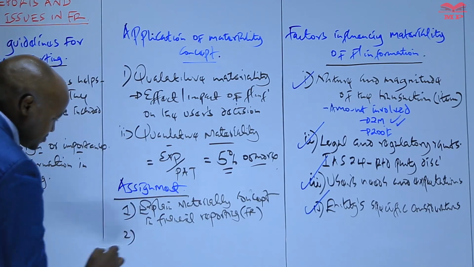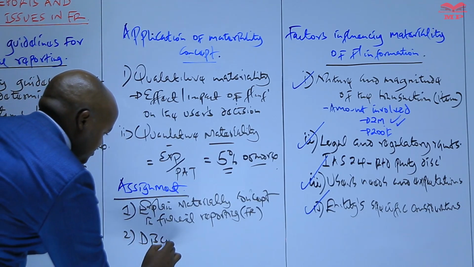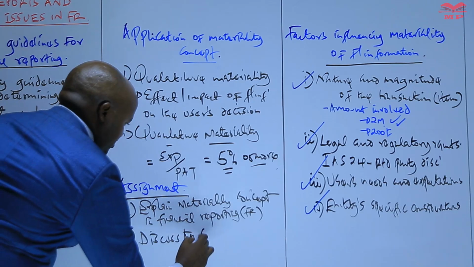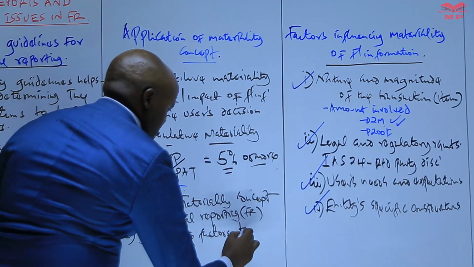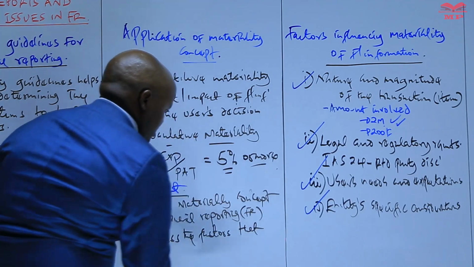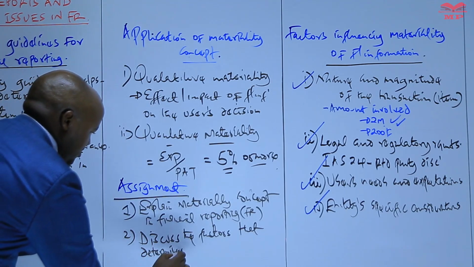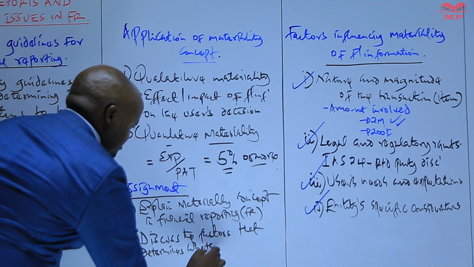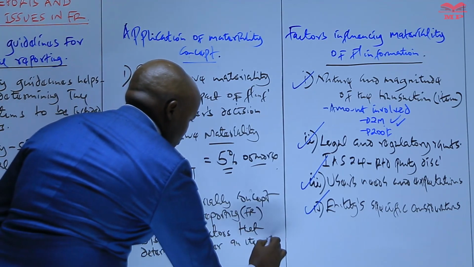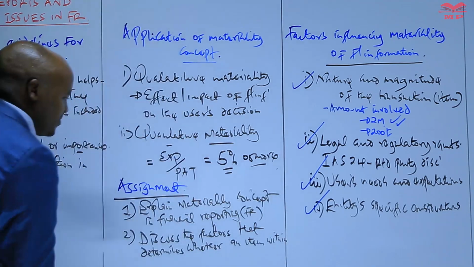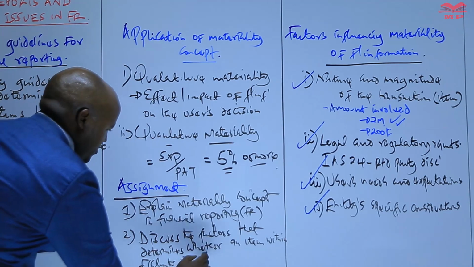Number two, discuss the factors that determine whether an item within financial statements is material or not.